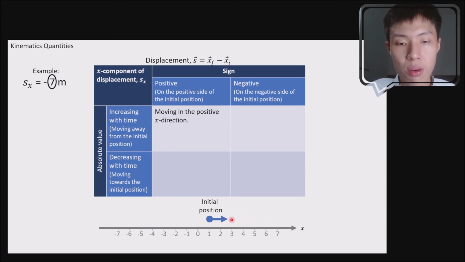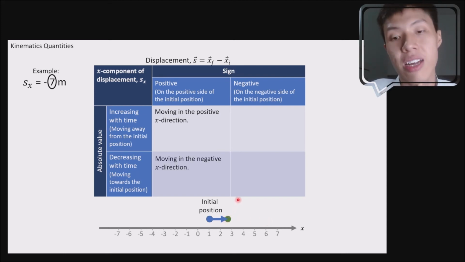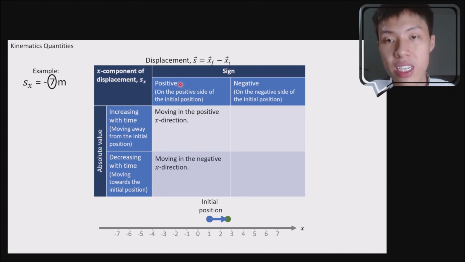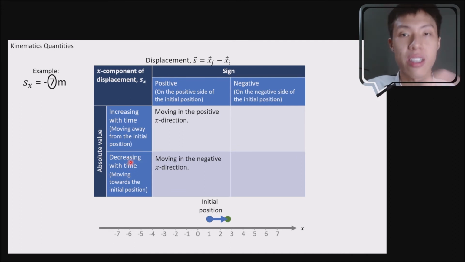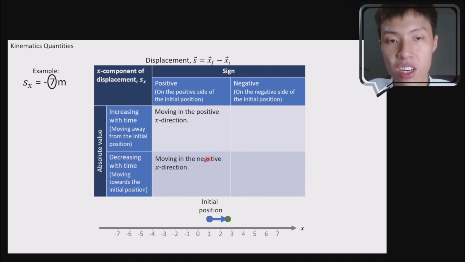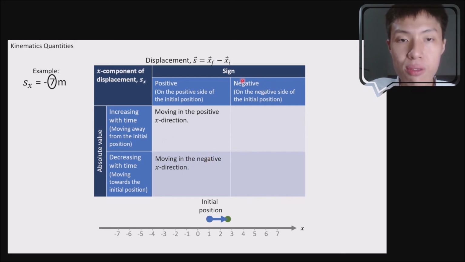So that means our object is going this way, which is moving in the negative x direction. So if you see the displacement to be positive, but it's decreasing with time, going from 7, 6, 5, 4, 3, 2, 1, the absolute value decreasing with time, it means it's moving in the negative x direction.